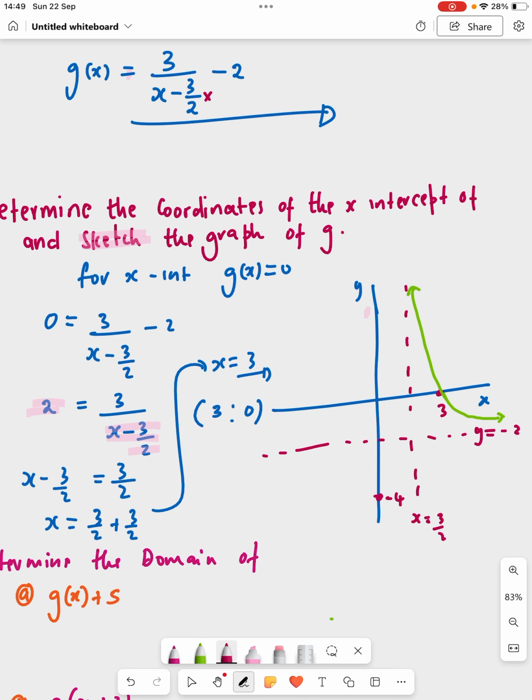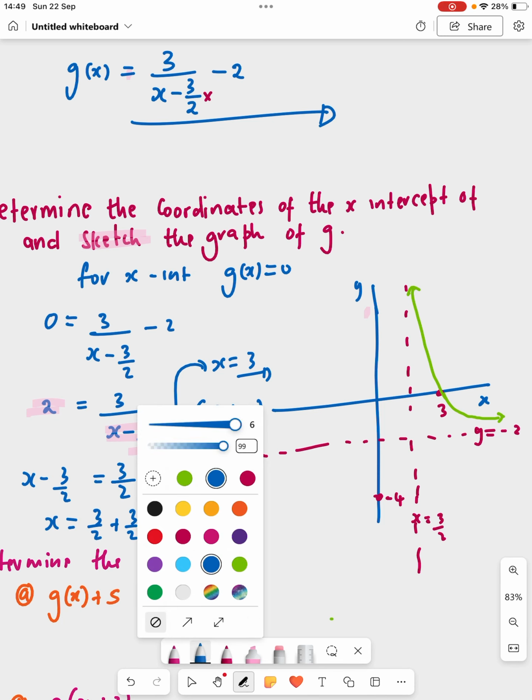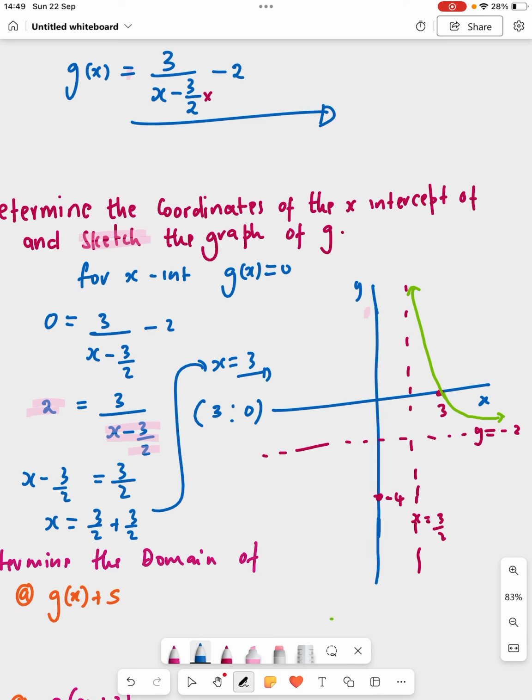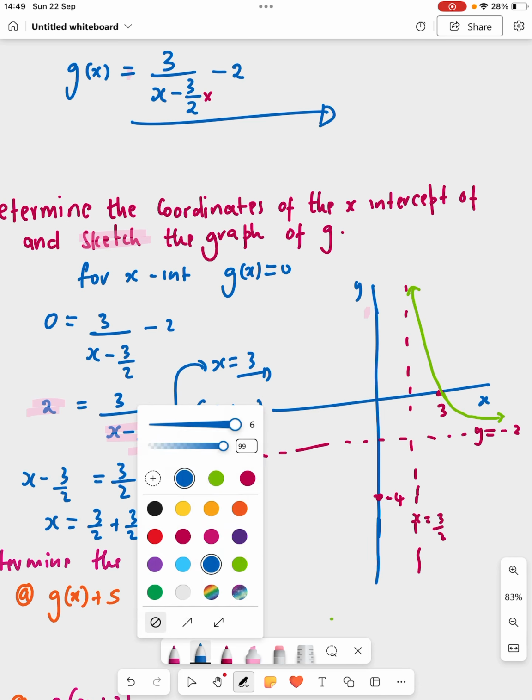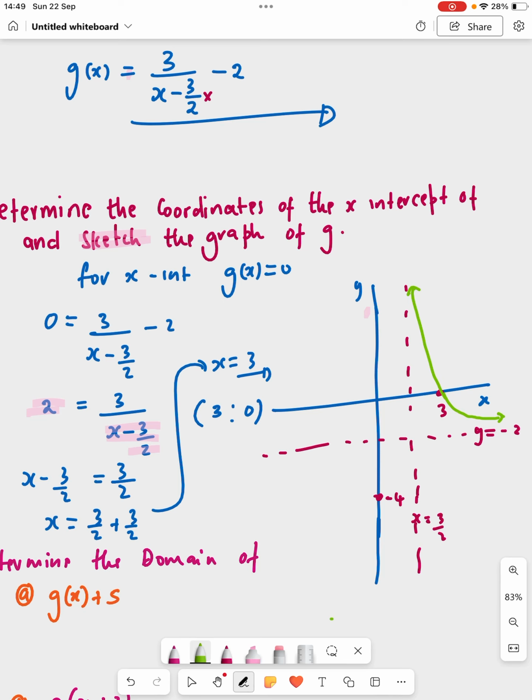So let me extend here a little bit. Okay, so this is our hyperbola. So it is in the first and third quadrant, since our A, or in this case our K, is positive. So this is our hyperbola.